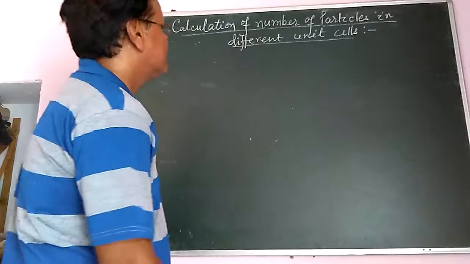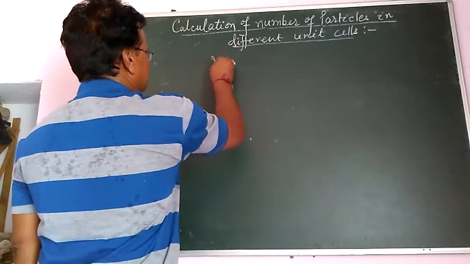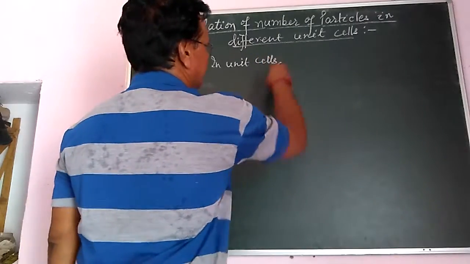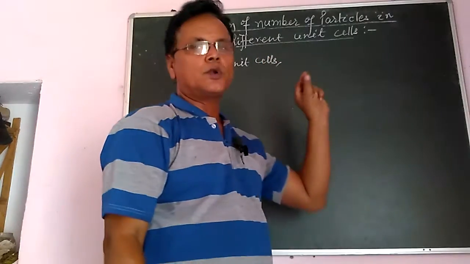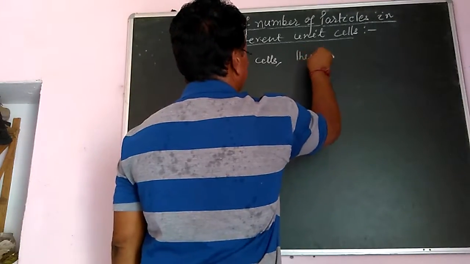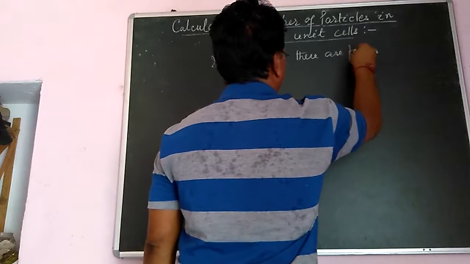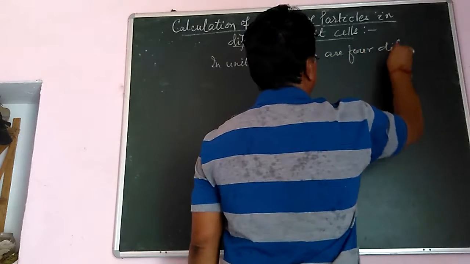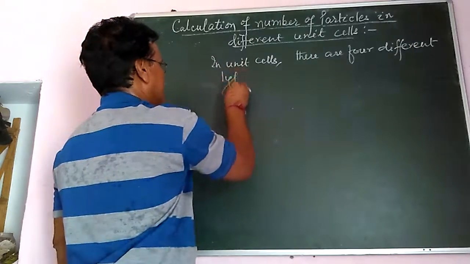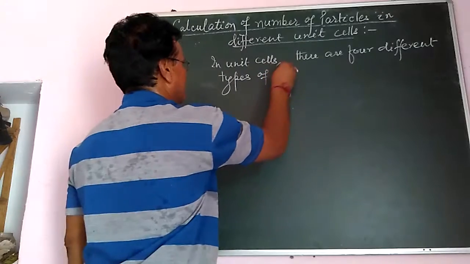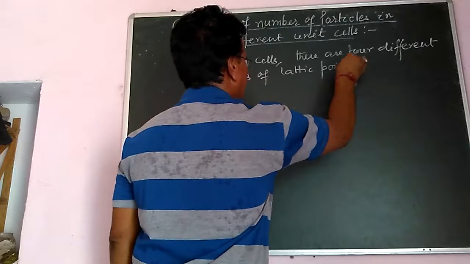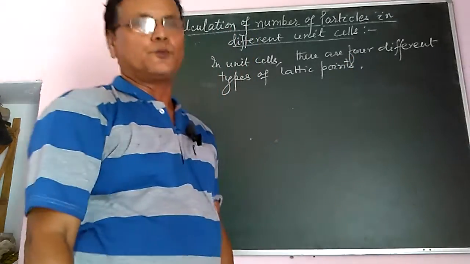See here, there are 4 different types of lattice points.